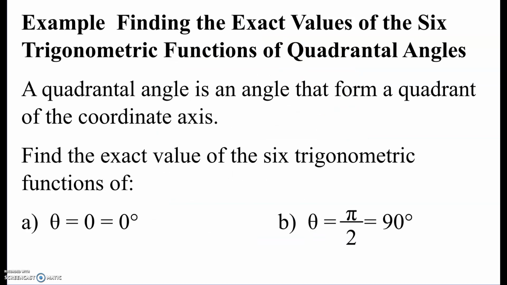All right, so using that idea of the unit circle, we're going to start by finding values for the trigonometric functions at the quadrantal angles, which just are angles that form the 4 quadrants of the coordinate axis.